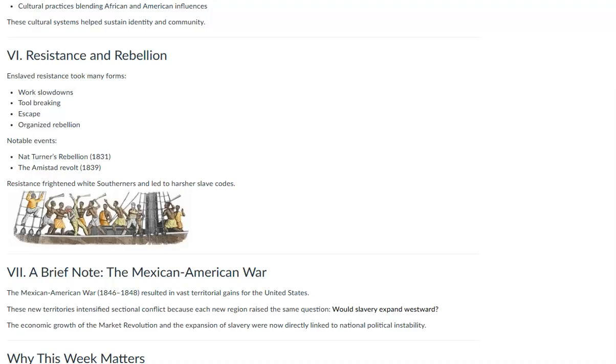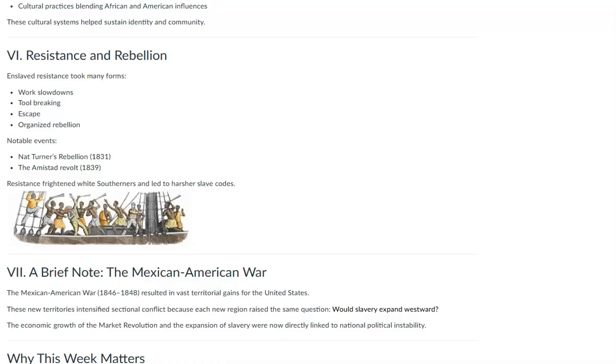Subtle resistance included breaking tools, working slowly, sabotaging the equipment, running away, but resistance also became overt, and we have examples of that, and one of those is in 1831, Nat Turner led a rebellion in Virginia. More than 50 enslaved people were temporarily liberated, 57 whites were killed, Turner and many others were executed, and white mobs attacked African Americans who had no connection to the rebellion at all.